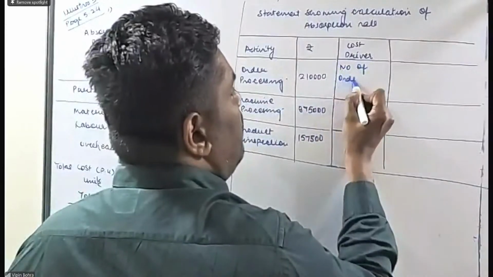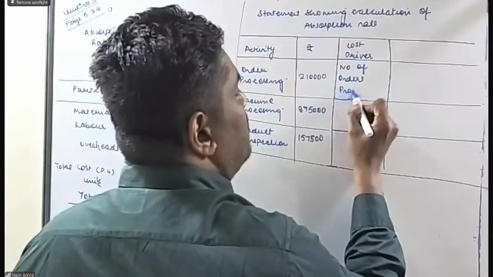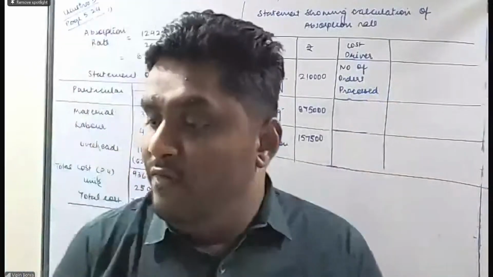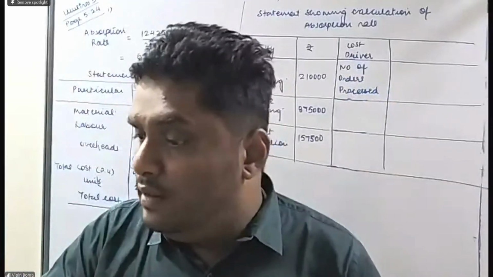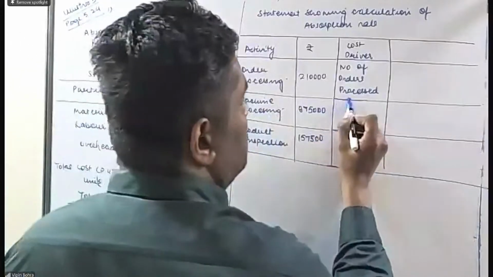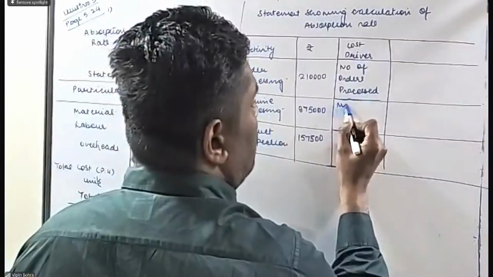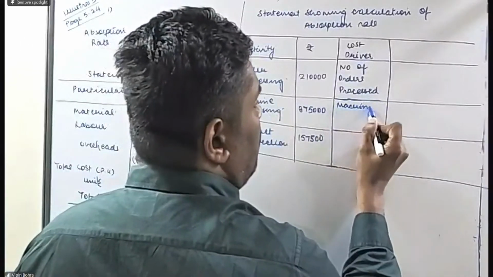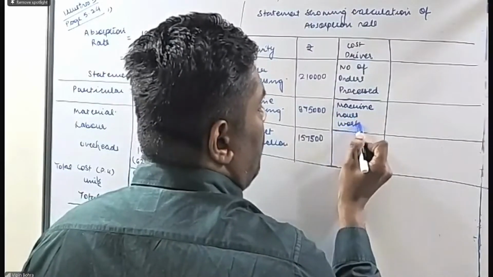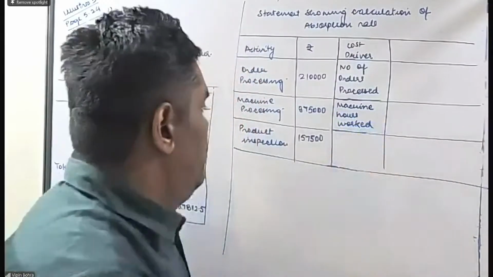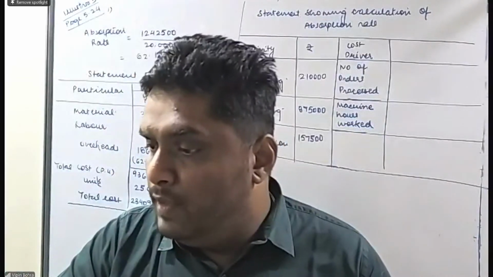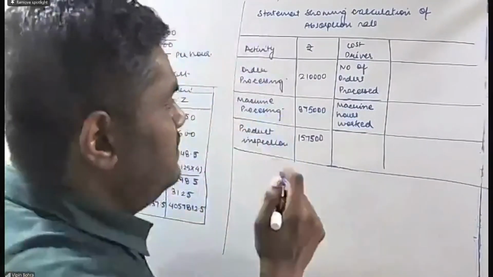For machine processing, it is machine hours worked. And for product inspection, it is the inspection hours.